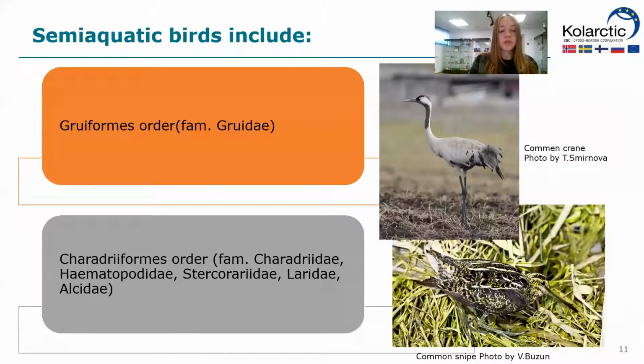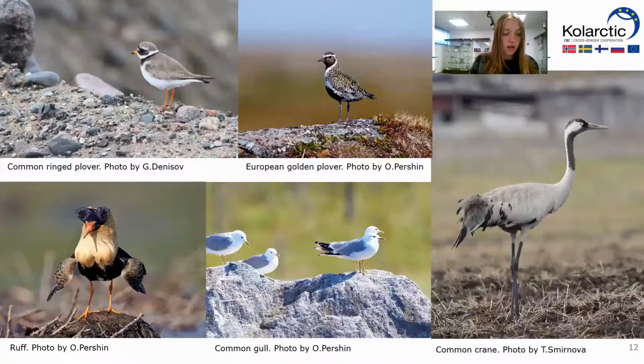Semi-aquatic birds include gruiform order and charadriiform order. Semi-aquatic birds choose parts of the river different in structure. Among them, there are species preferring coastline with rocky bottom, for example, common ringed plover.